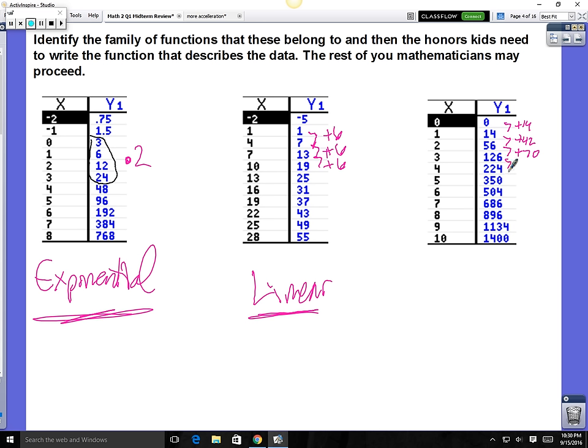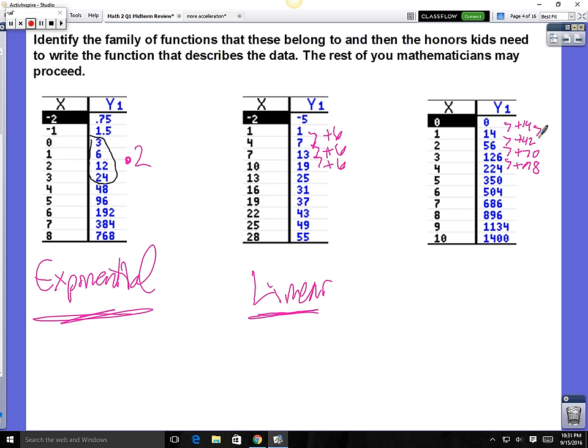Okay, 224 to 126, 224 minus 126, that went up 98. Okay, you could keep going, but it's definitely not linear, because linear would be plus 14, plus 14, plus 14. This one's kind of growing faster. It looks like each time it's increasing.